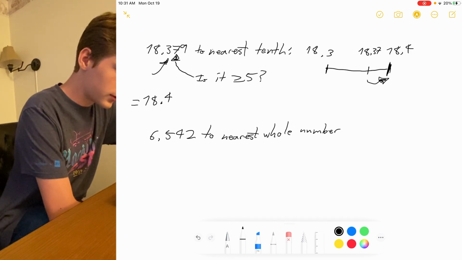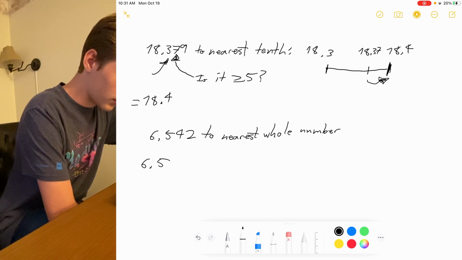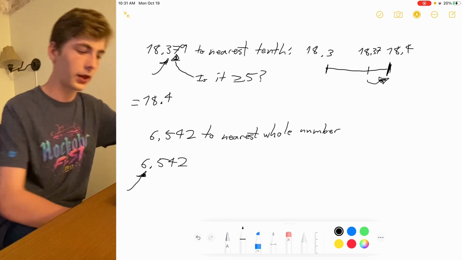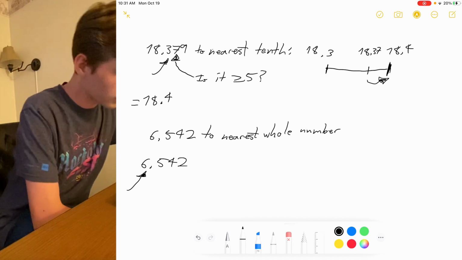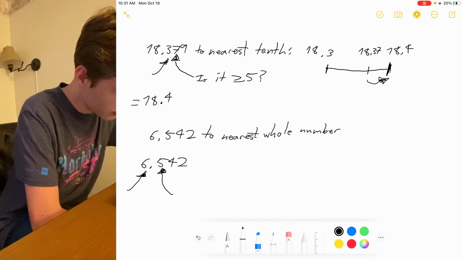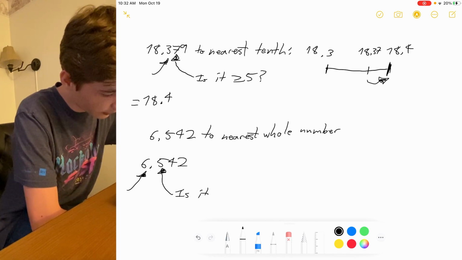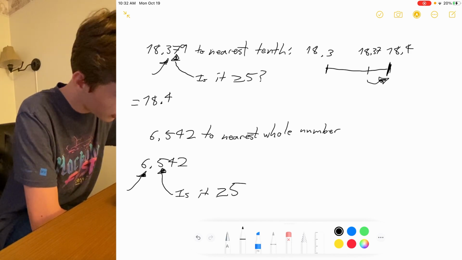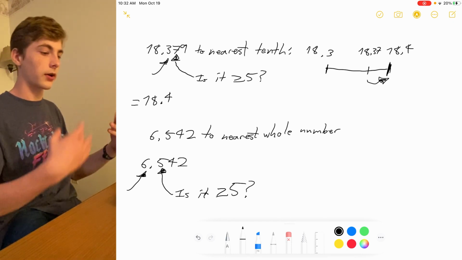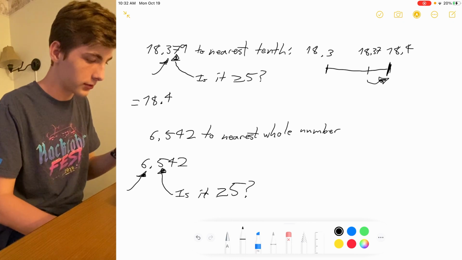What does that mean we're going to have to do? Well, we're going to write it out, and we're going to say, okay, that's going to be the last digit in our final answer. So we're going to look at the next one, and we're going to ask ourselves again, is it greater than or equal to 5, right? Even if it's equal to 5, we're still going to round up. And it is, in this case. It's exactly 5.